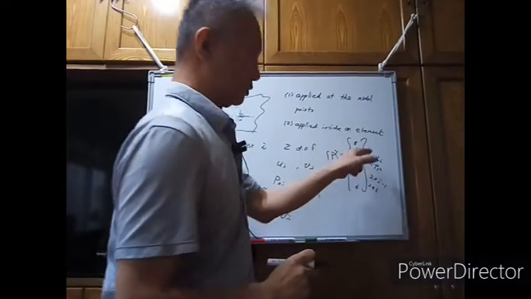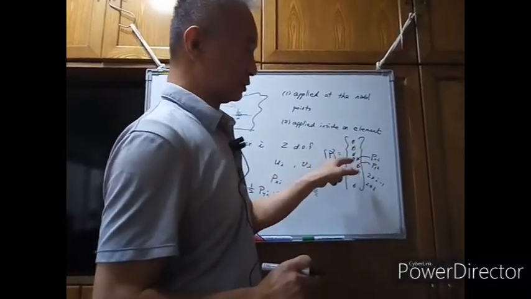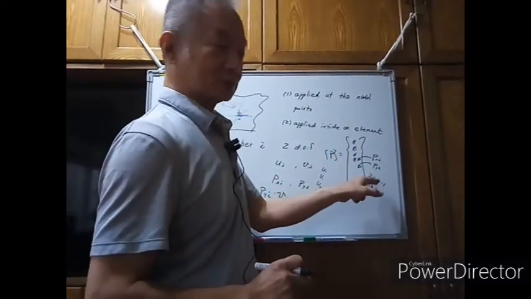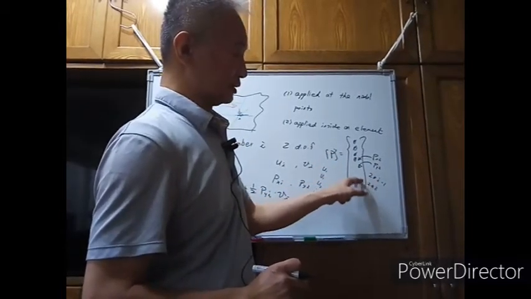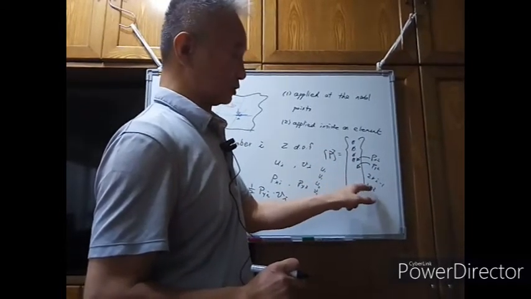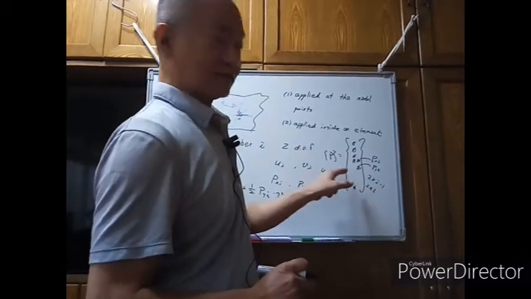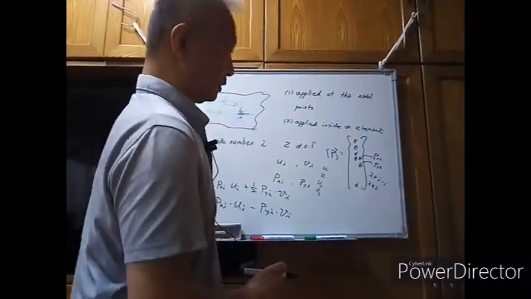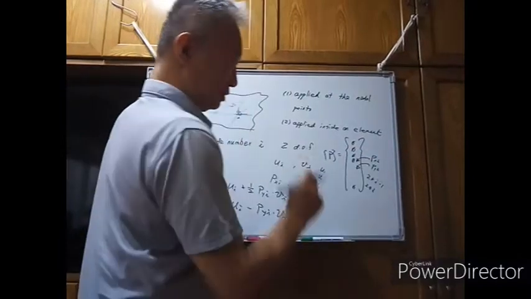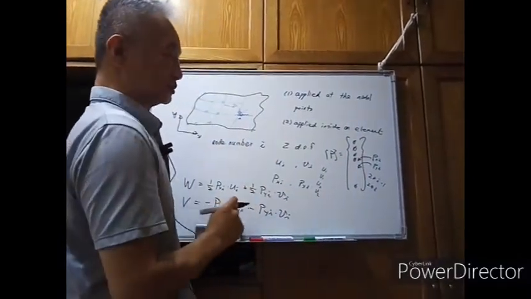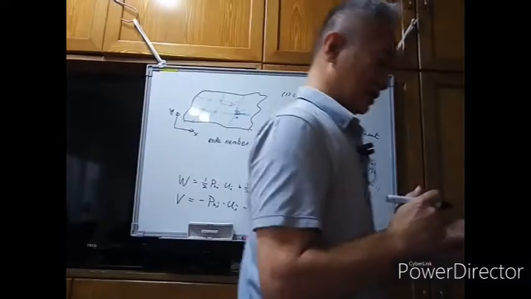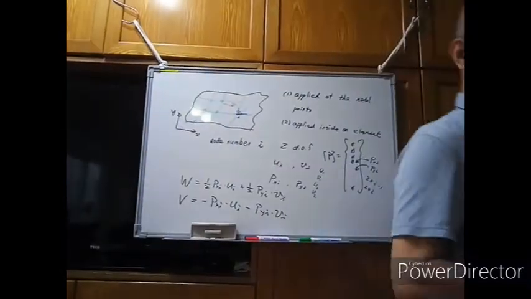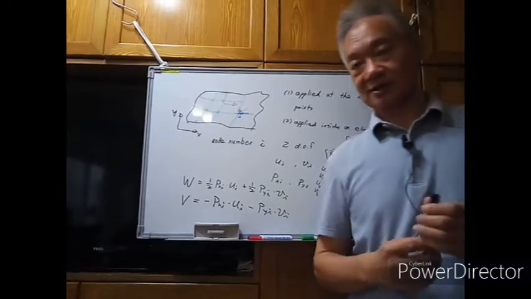So the pxi will be assembled to the 2i minus 1th element, and the pyi will be assembled to the 2 times ith element. Since the i represents the number of the nodes, and the pxi and the pyi are the loading components along the x and the y directions.